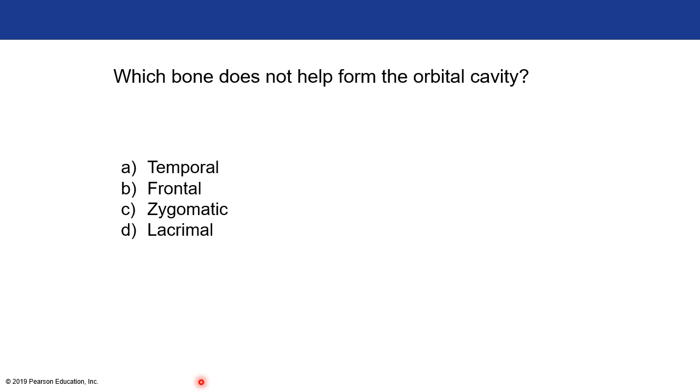So for this question, consult your friends, think about it. Which bone does not form the orbital cavity?